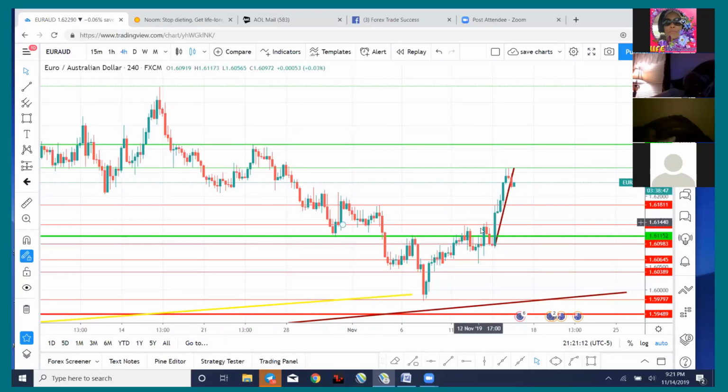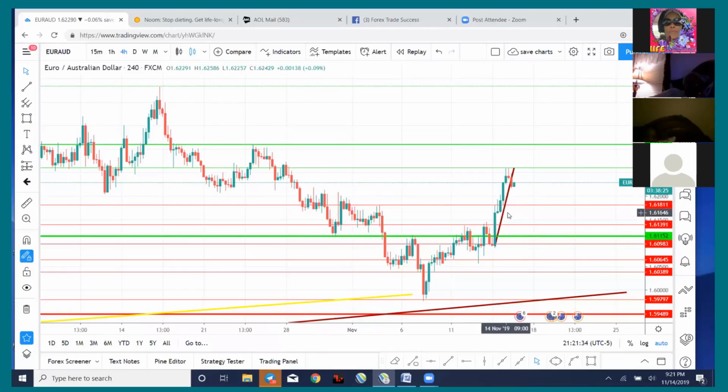Look at your price. Where is that trend line coming from? This one was from earlier when I had marked it. Delete that.